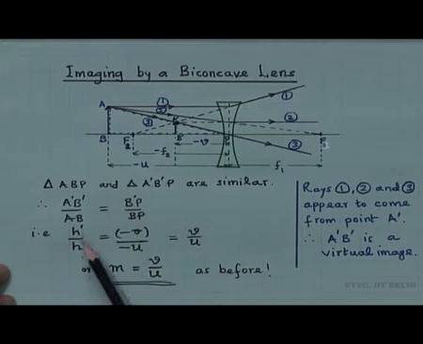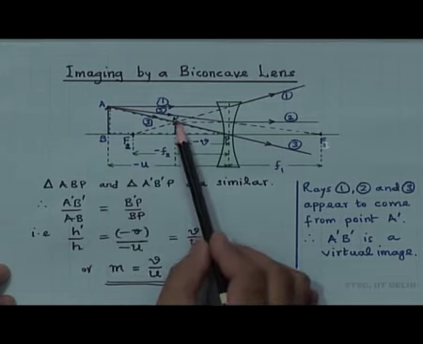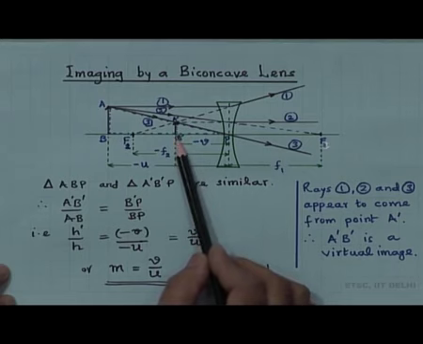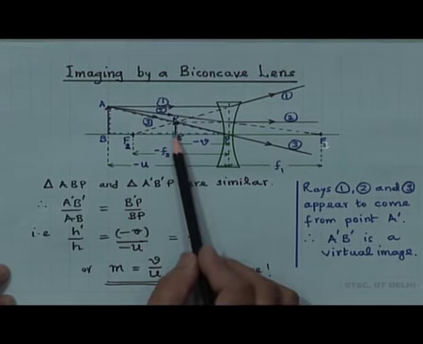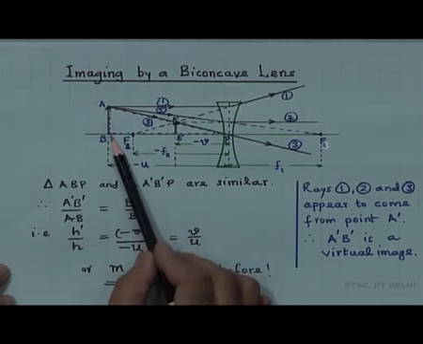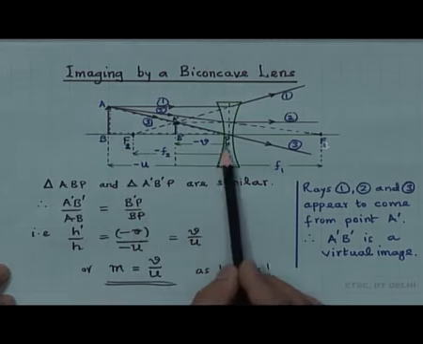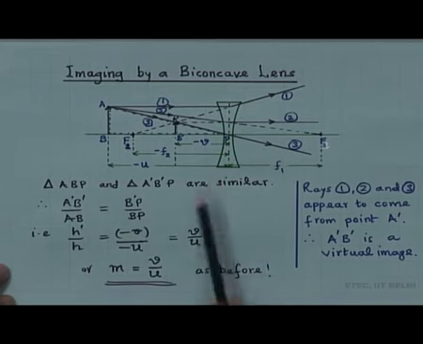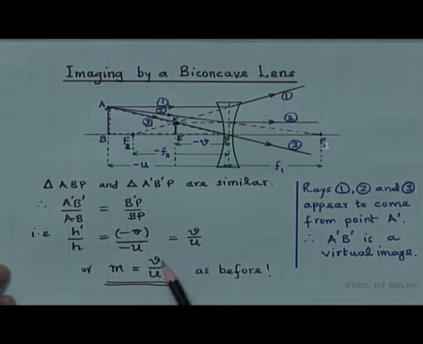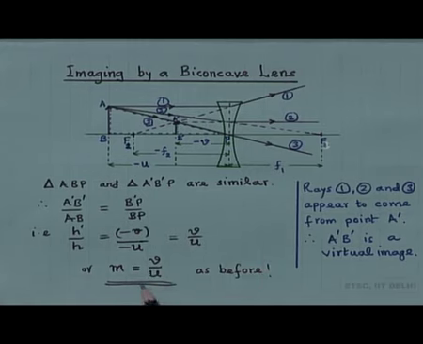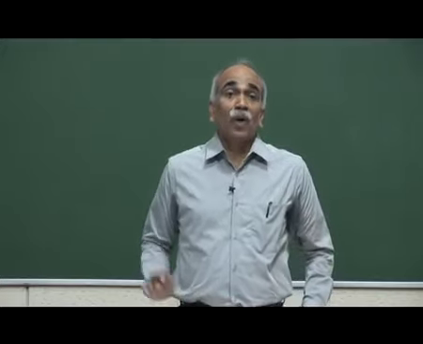That is H dash by H, A dash B dash is H dash here, which is positive, it is above the axis, by H, is equal to minus V, the image distance, and minus U. So minus V by minus U, which is equal to V by U, or the lateral magnification M is equal to V by U as before. As before means the same formula that we got in the case of a convex lens, because we have followed the sign convention.